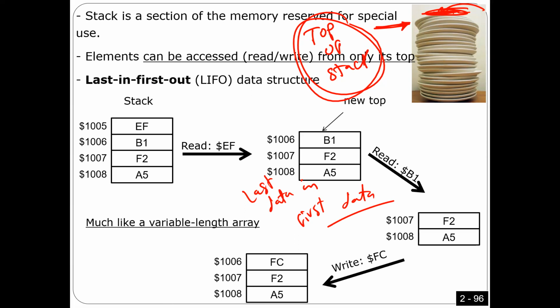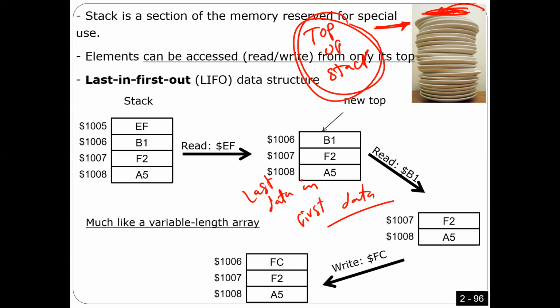Is that okay? Let me explain again, guys, very simply. A stack is a part of the memory, but the way we store data or retrieve data from the stack will be different from what we did before. That's why I have boxes here, because this will be my stack.